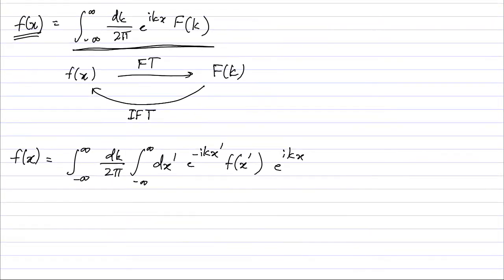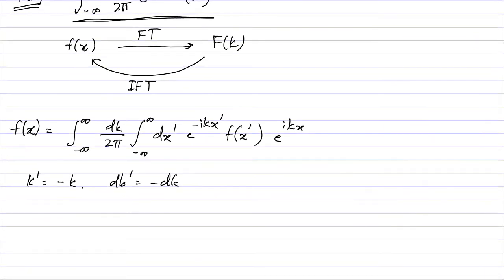For example, some people say, let me define k prime equal to minus k. Then of course dk prime is equal to minus dk, and you can then write the Fourier integral theorem as follows. When k is minus infinity, k prime is plus infinity.